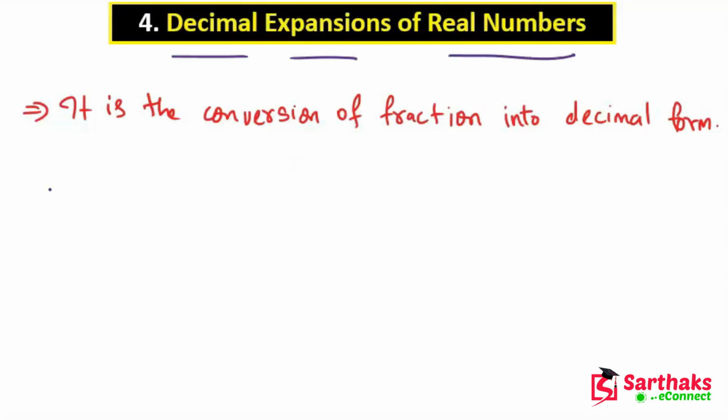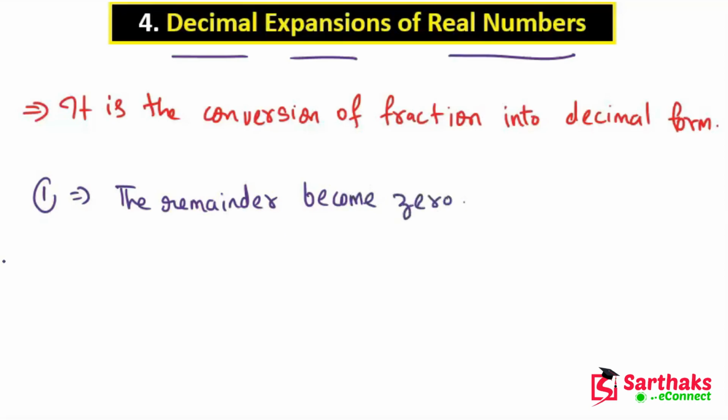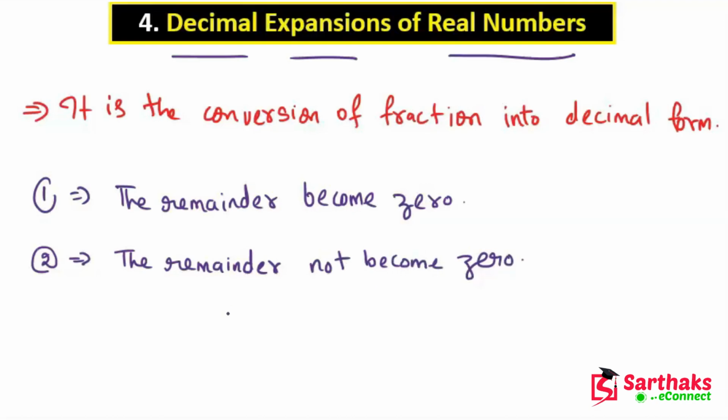The first case is that the remainder becomes 0. And the second is that the remainder does not become 0.